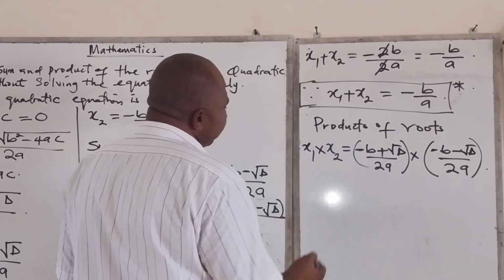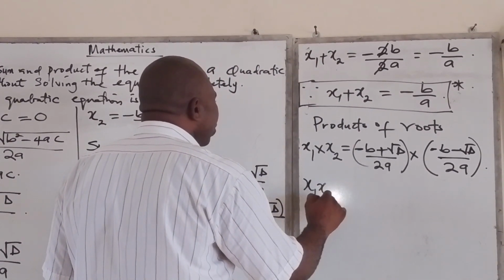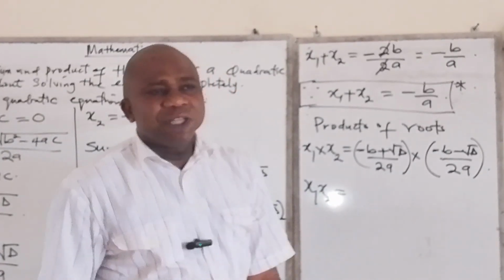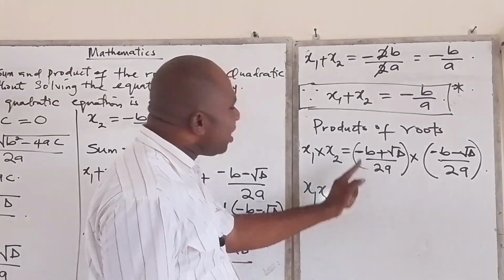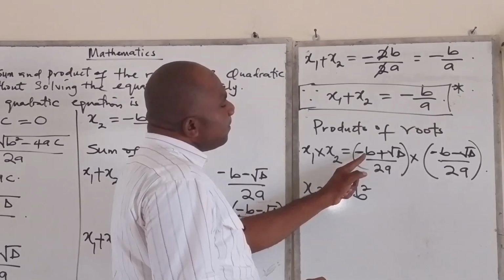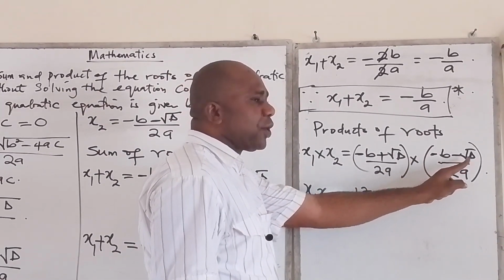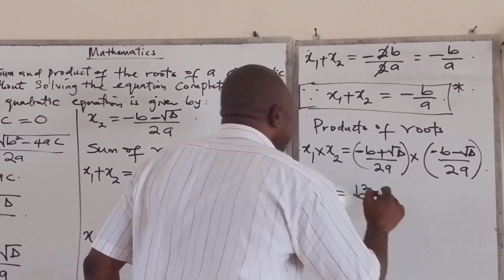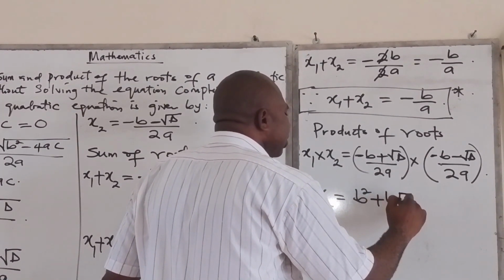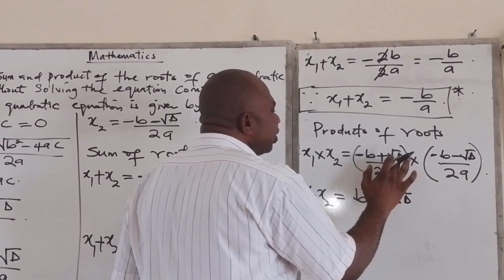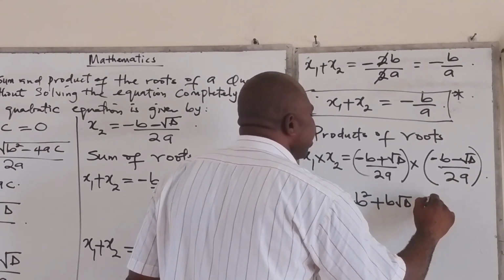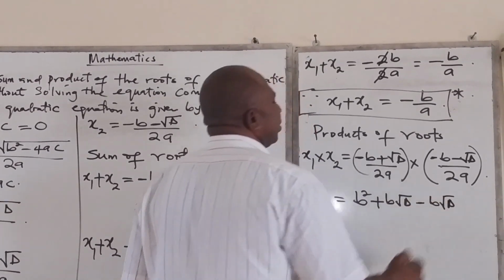Now let's see what this will give us. x1 x2 will be equal to minus b times minus b. We all know that minus times minus is plus, so minus b times minus b becomes b squared. Minus b times minus the square root of d becomes plus b root d. Now the square root of d times minus b is minus b root d.